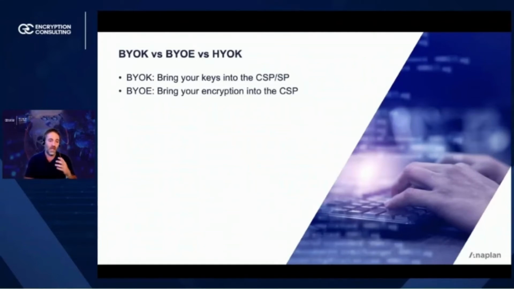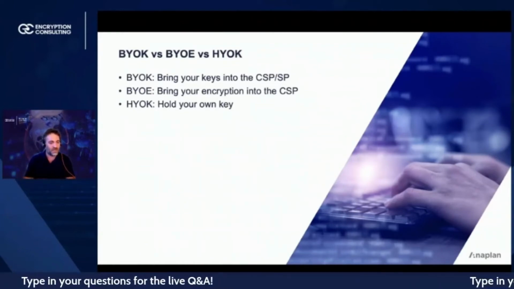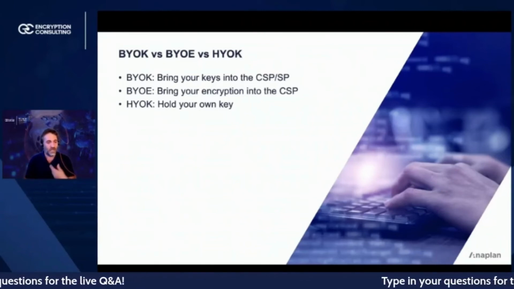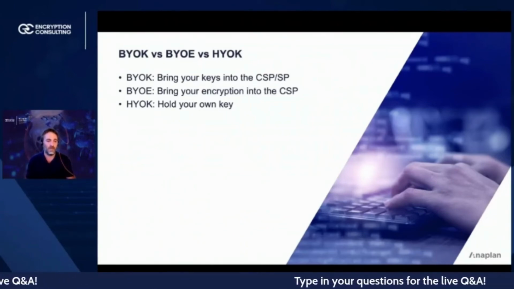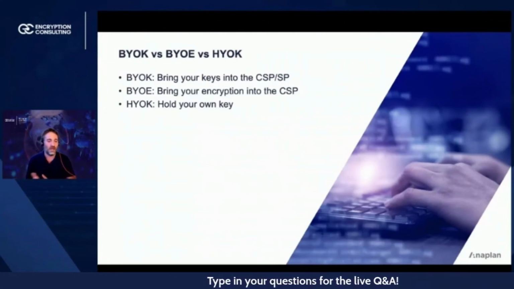So all the encryption process actually happens within your HSM and not, for example, a cloud HSM. And hold your own key is when all the encryption operations happen on the customer side. So they encrypt the data, they manage the keys on their end, they do the encryption on their end, and then they just import completely encrypted keys. So they hold everything on their end, and they don't delegate anything to you.